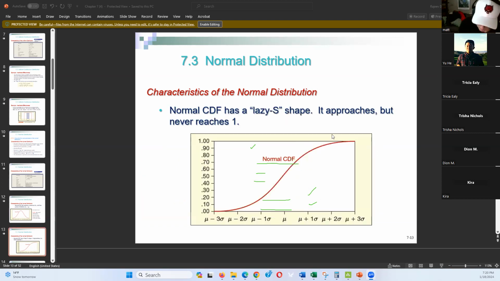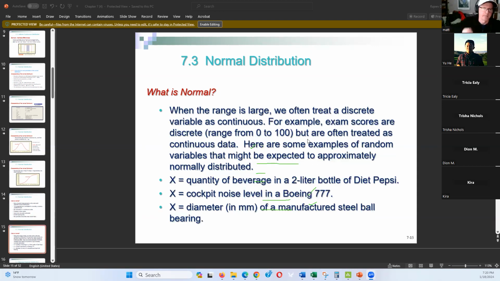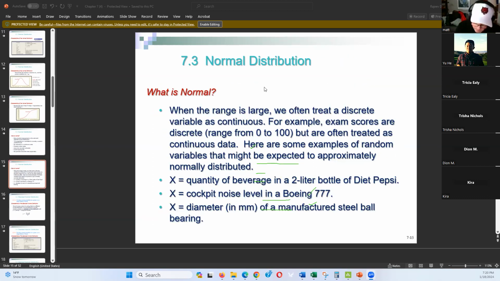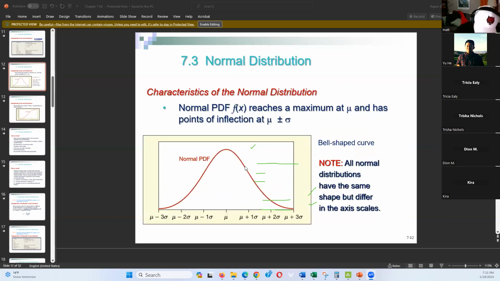Now we come to what is normal, and these are a few properties that you can read. Now, a very simple thing. If you know this, this is called standard normal distribution.